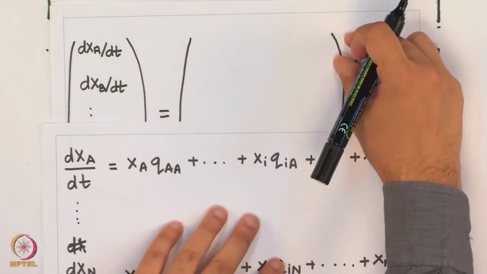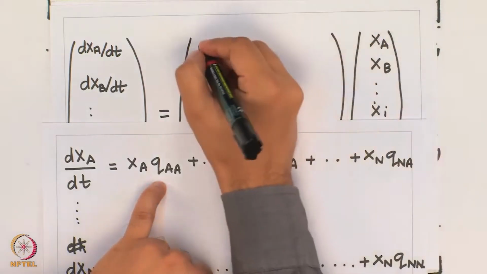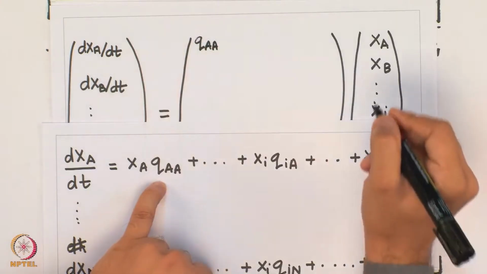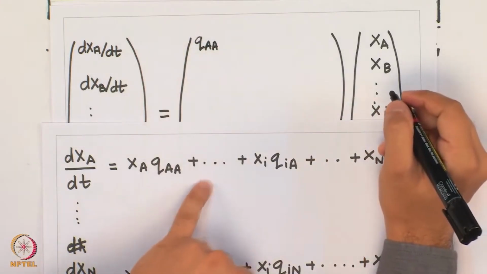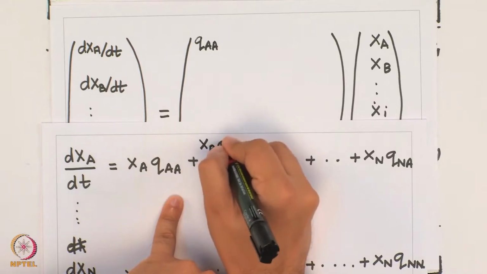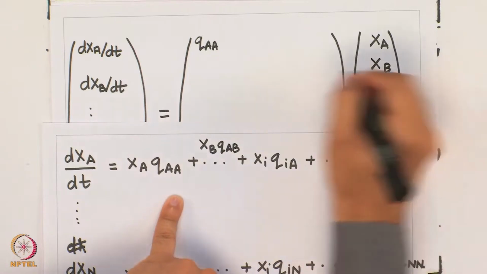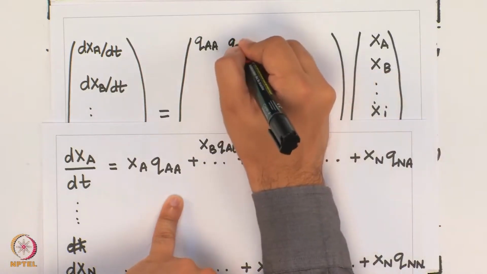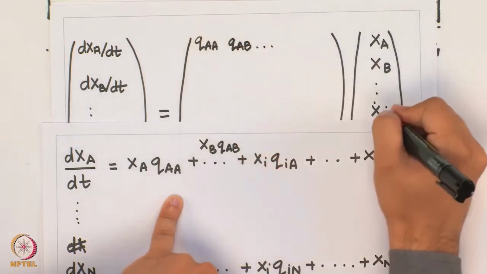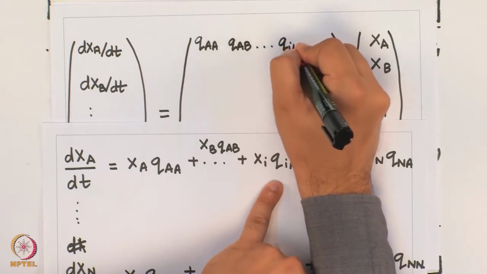In that first entry, xA is multiplied with qAA, which should be the first term of the matrix, which is qAA. This is followed by the second term, which will be xB into qAB. I have xB here. That means the second entry here should be qAB. Going all the way, xI should get multiplied with qIA.